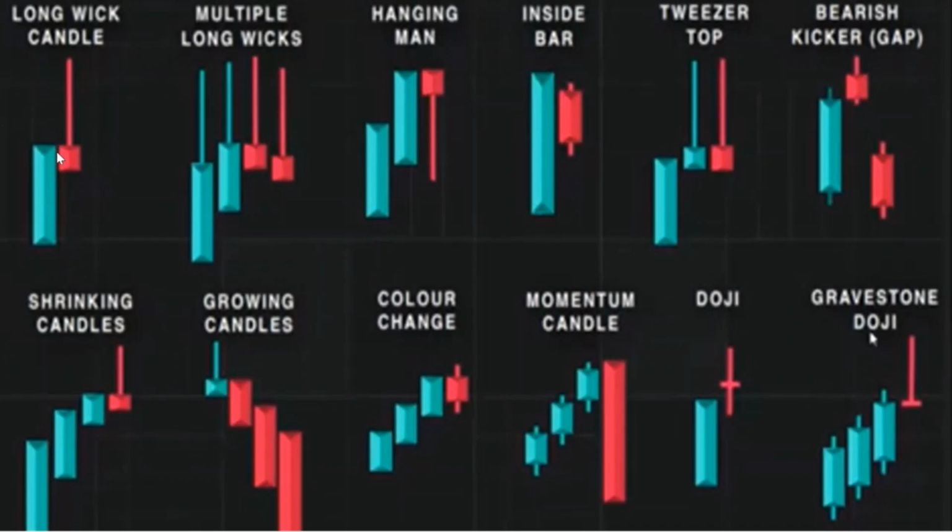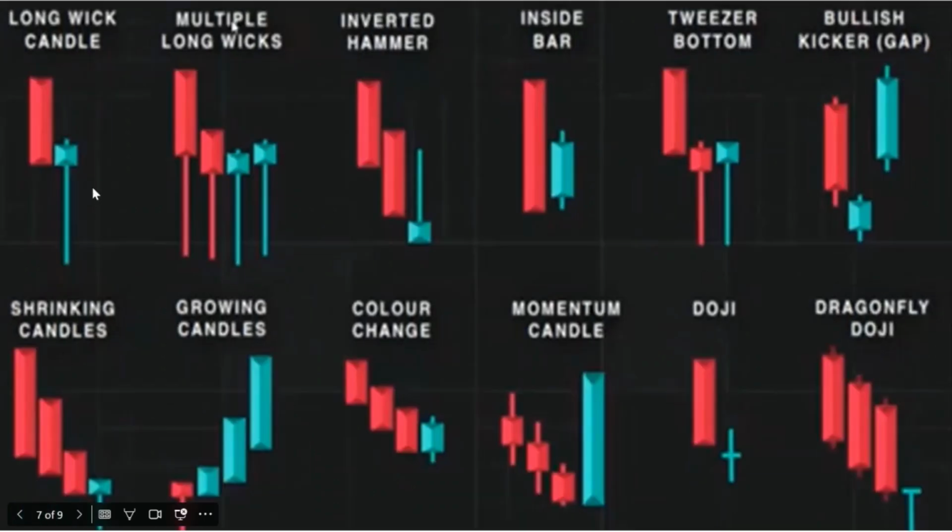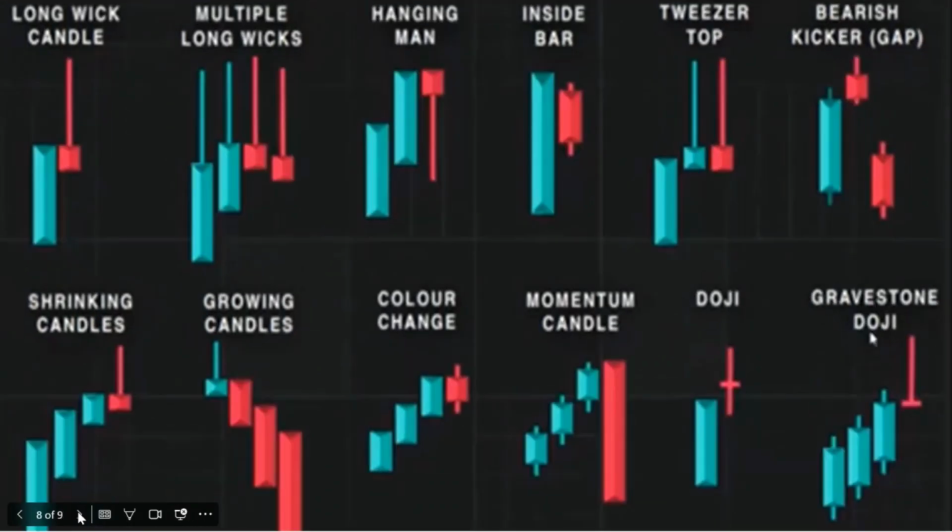This is the long wick candle under bearish. We just finished the bullish, so we are under bearish right now. This is the long wick candle, and we have the multiple long wick candle over here.